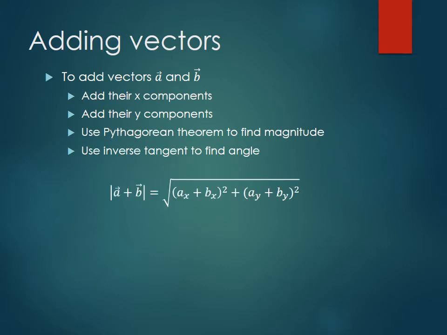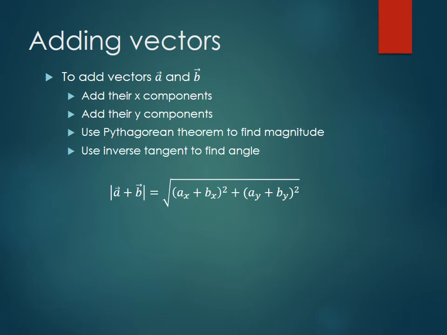Okay, so this looks like a big, long equation, all right? But individually, these aren't too bad. Okay, so you'll notice that underneath the radical, I've added the x components. I've added the y components, okay? Each one is squared, right? And those two quantities are added together because that's the Pythagorean theorem.